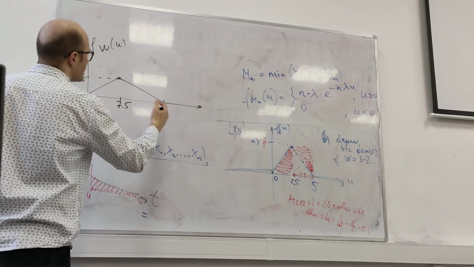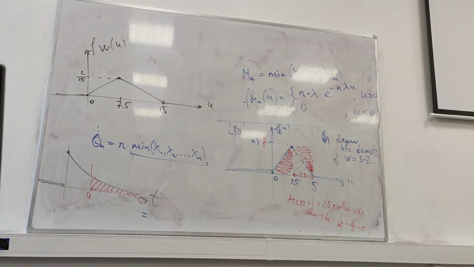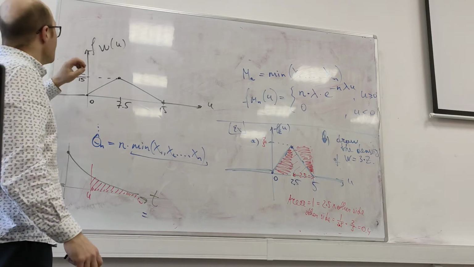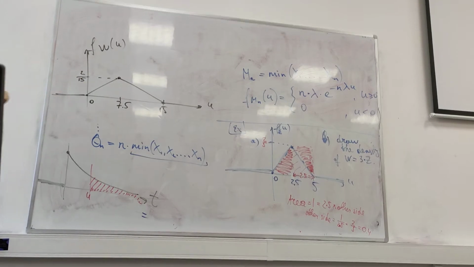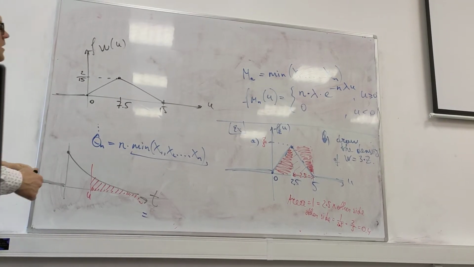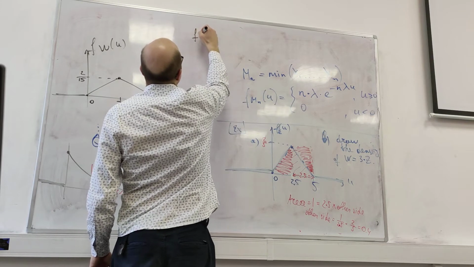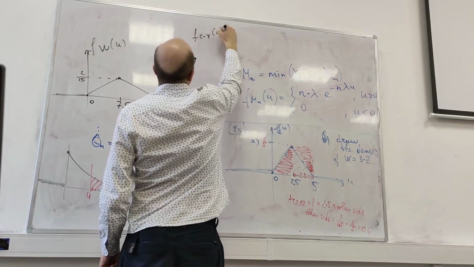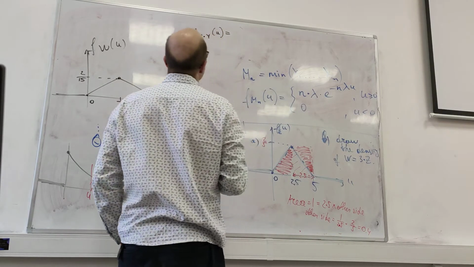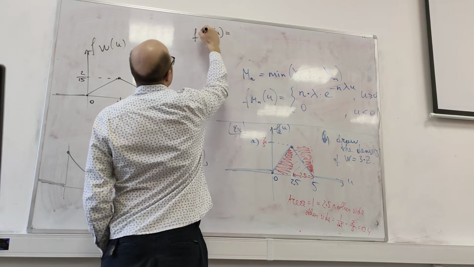So this is the density for random variable W. So when we multiply the random variable by a constant, what happens? f of c times y at u is equal to what? Let's say c will be small.